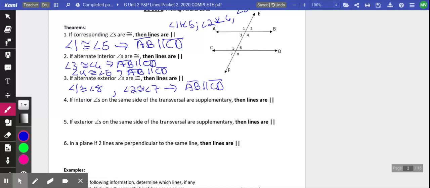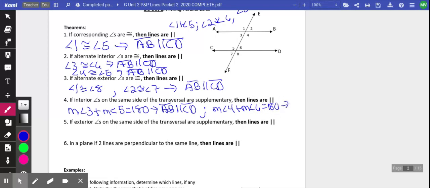So this is saying that if the measure of angle 3 plus the measure of angle 5 equals 180, then AB is parallel to CD. So again, it's all the same theorems, it's just doing them backwards. So the measure of angle 4 plus the measure of angle 6 equals 180. Then AB is parallel to CD.